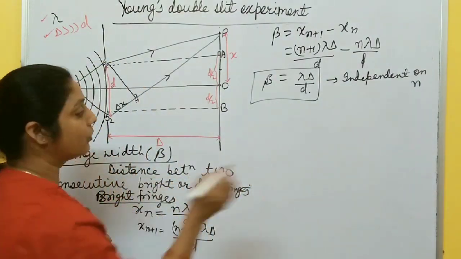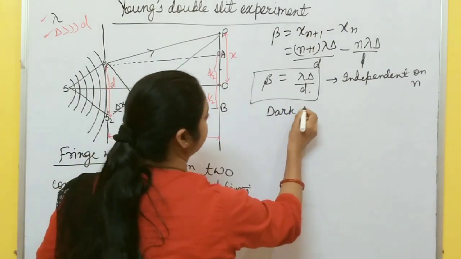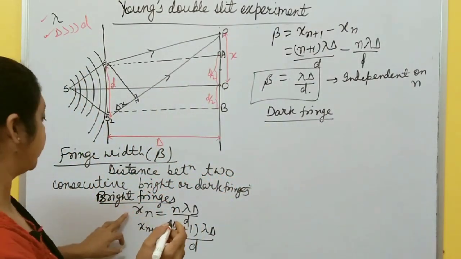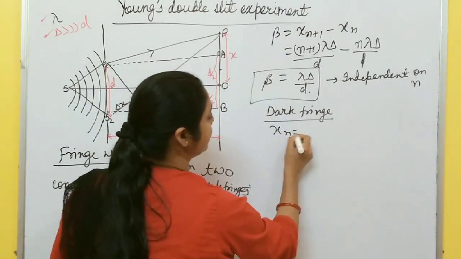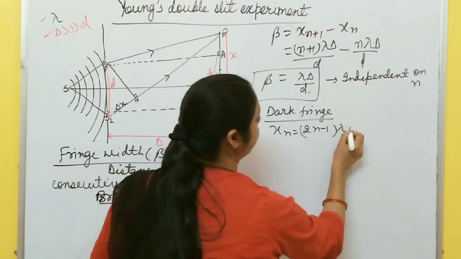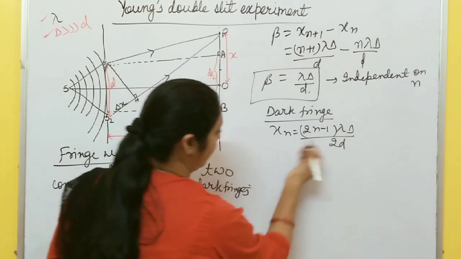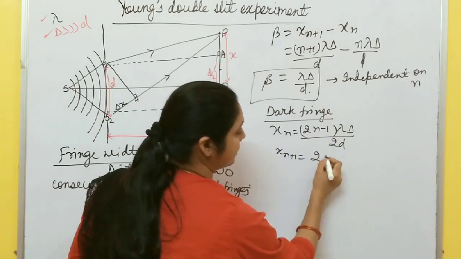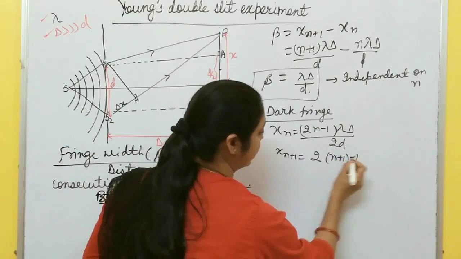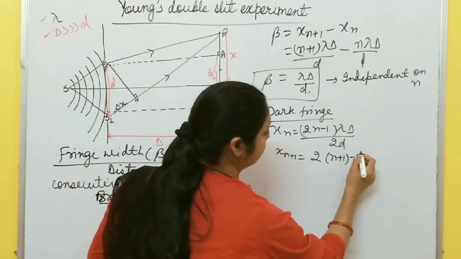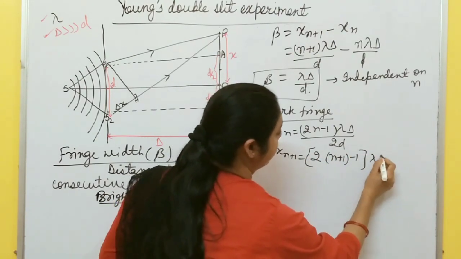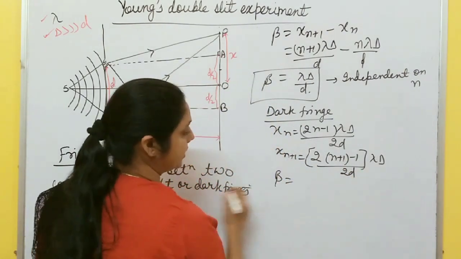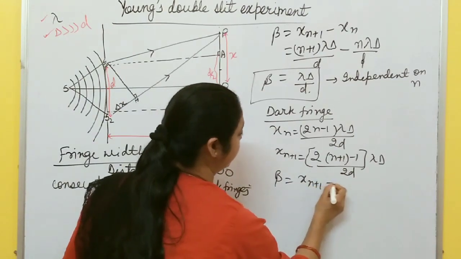In the same way, you can calculate for the dark fringe also. What is the condition for the dark fringe? x_n is equal to (2n minus 1) lambda D by 2d. And for x_(n+1), in place of n you write n plus 1, so (2(n+1) minus 1) lambda D by 2d. The fringe width for the dark fringe is the difference between these two, x_(n+1) minus x_n.